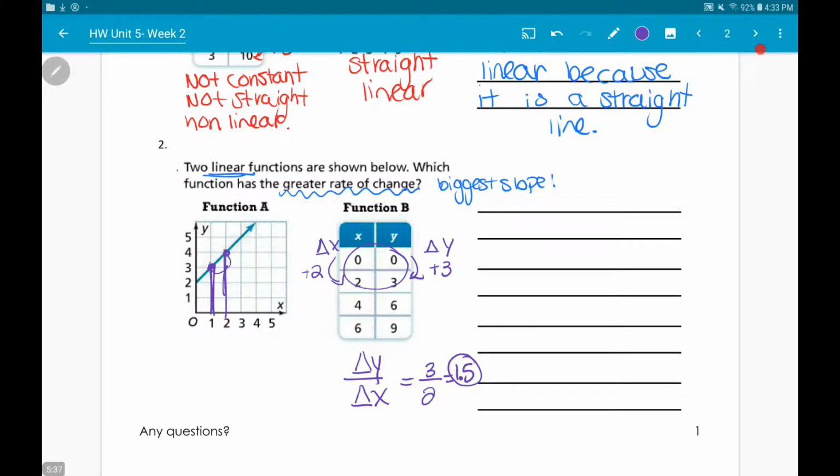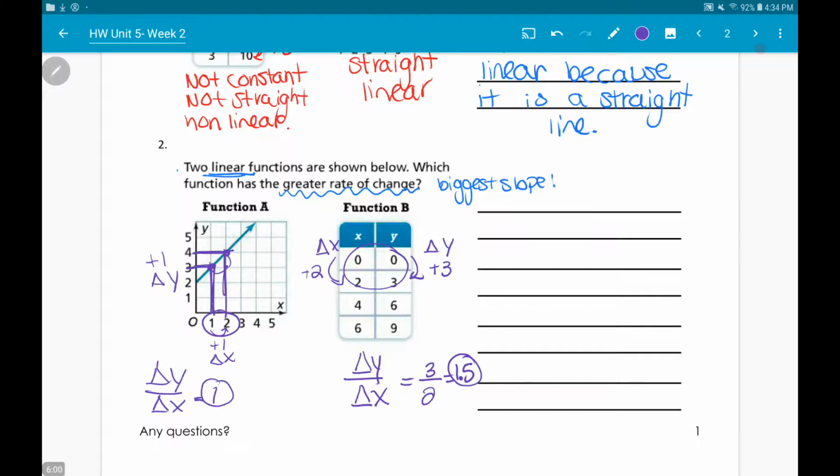So what I like to do is I like to look at these numbers down here. It's going from 1 to 2, so that means it's going up 1. That's my change in x. Then I do the same thing for my numbers on the side, and it's going from 3 to 4. That's also plus 1. That's my change in y. So my change in y divided by my change in x is equal to 1.